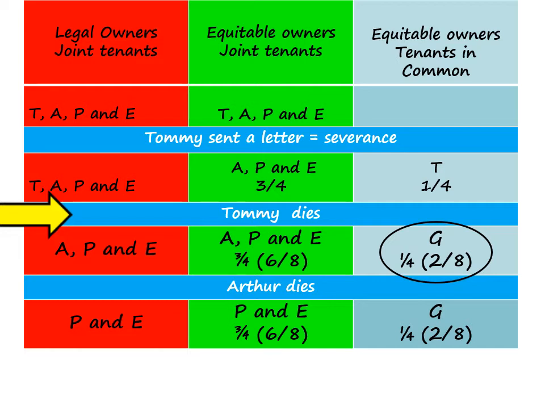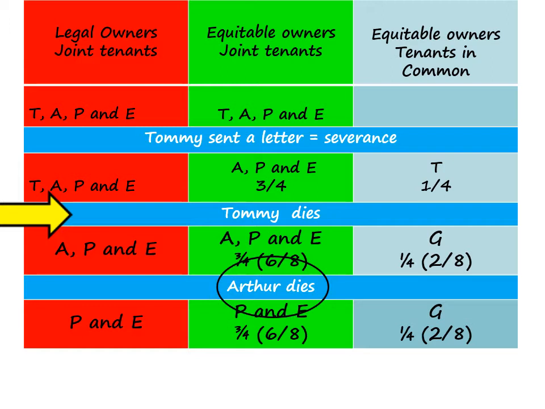I went back and did this when I was working out my final answer, and you will discover why I did this shortly. And this reinforces something that I mentioned earlier, that you should work out the final beneficial ownership in your rough plan before you start to write up your answer in full. Then Arthur dies.